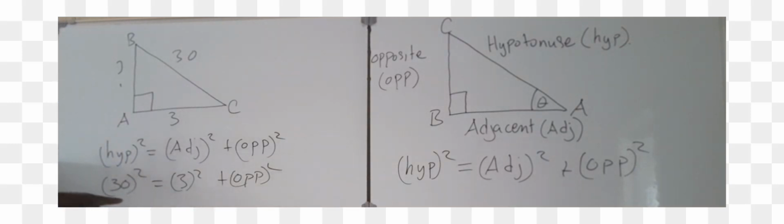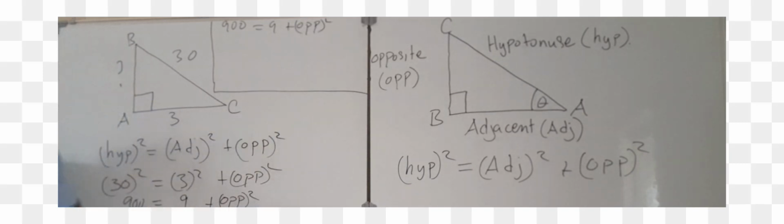Okay, we can, of course, multiply this. What is 30 squared? It's 900. I hope I'm right. 30 squared is equal to 900. And of course, 3 squared is 9 plus OPP squared. Now, we can take the 9 to the other side. So we can now say 900 is equal to 9 plus our OPP squared.